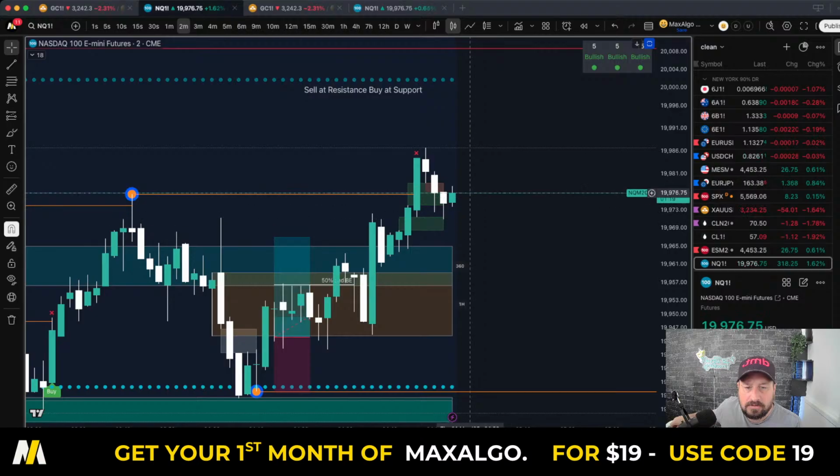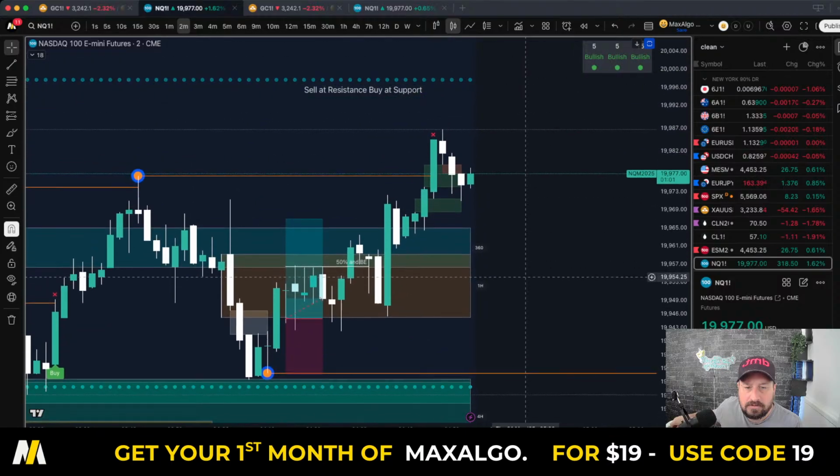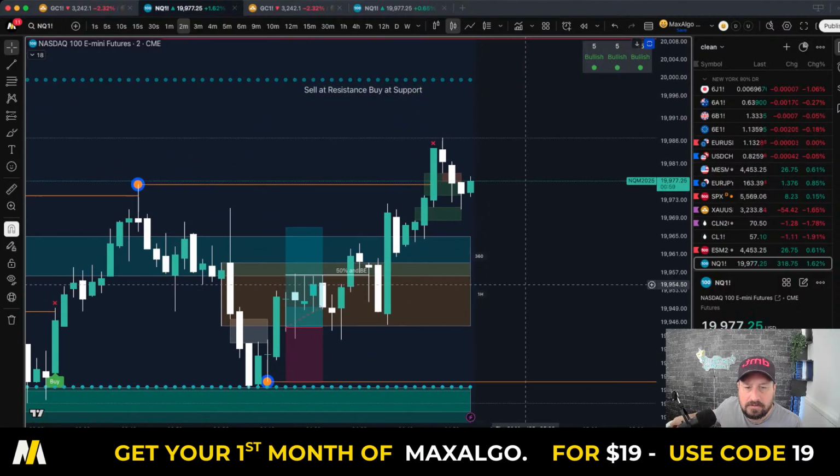Flip or break? Left a vib here, so can push up to here and then maybe reject out. Let's see. Holding bullish structure.